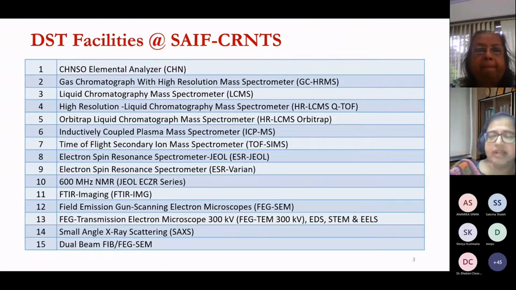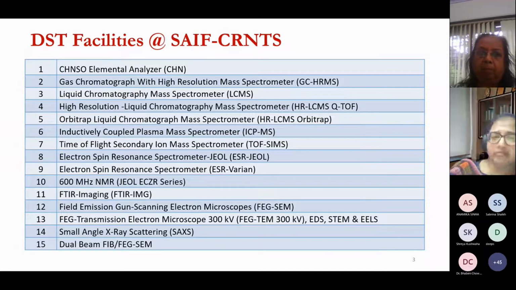I would like to give you an idea of the type of facilities we have. The CHNSO Analyser is newly installed. In fact, we did have one earlier, but this facility has been newly installed again after the writing off of the old one. We also have various chromatography facilities, the high resolution GCMS.